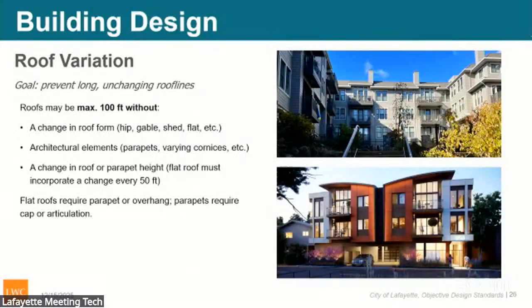Roof variation, we do want to encourage applicants to incorporate variation in roof design to prevent long and unchanging roof lines. At the same time, we want to allow flexibility to ensure that the densities can be supported and are feasible given the standards, and give applicants options for building design.